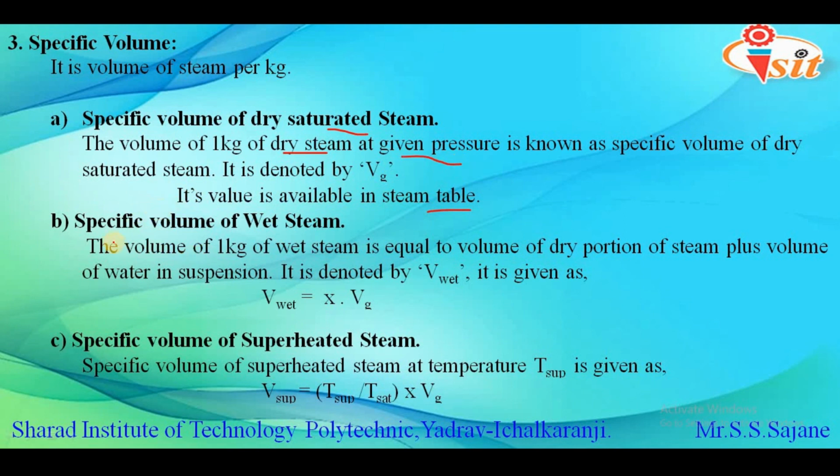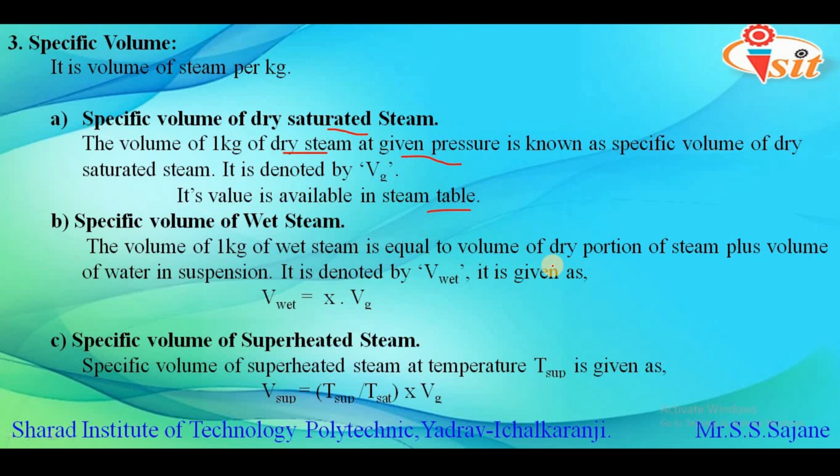Now the next term, the specific volume of wet steam, we can define as follows. The volume of 1 kg of wet steam is equal to the volume of the dry portion of steam plus the volume of water in suspension. The wet steam has some moisture content in it. So when we speak regarding the volume, we have to consider the volume of the dry steam part as well as the volume of water present in that steam.